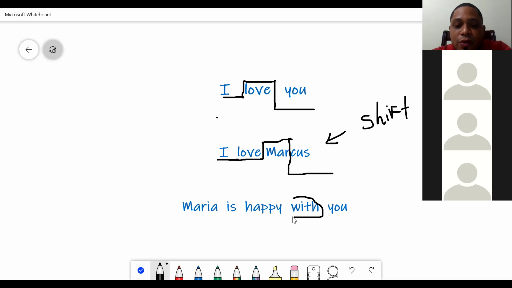Is that function or content? Function. I think it's function. What type of word is that? A preposition. Yeah, it's a preposition.